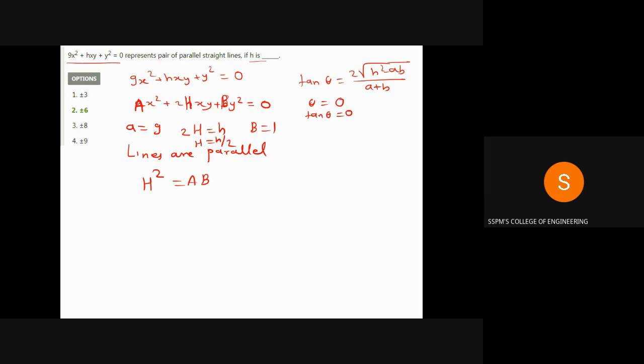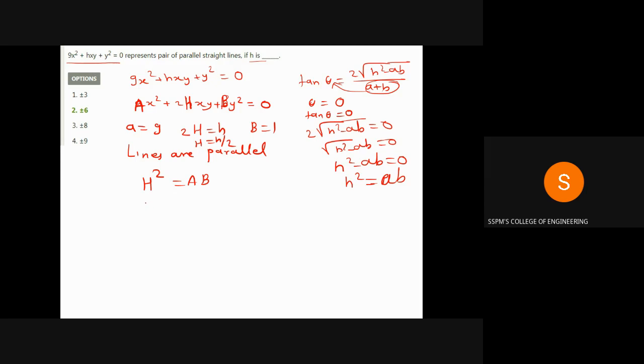When tan theta is equal to 0, we multiply by A plus B, it will become 0 as well, and we get 2 root H square minus AB is equal to 0, which means H square minus AB is equal to 0, and H square is equal to AB. This is how we get the simplified equation. Therefore, when lines are parallel, H square is equal to AB.